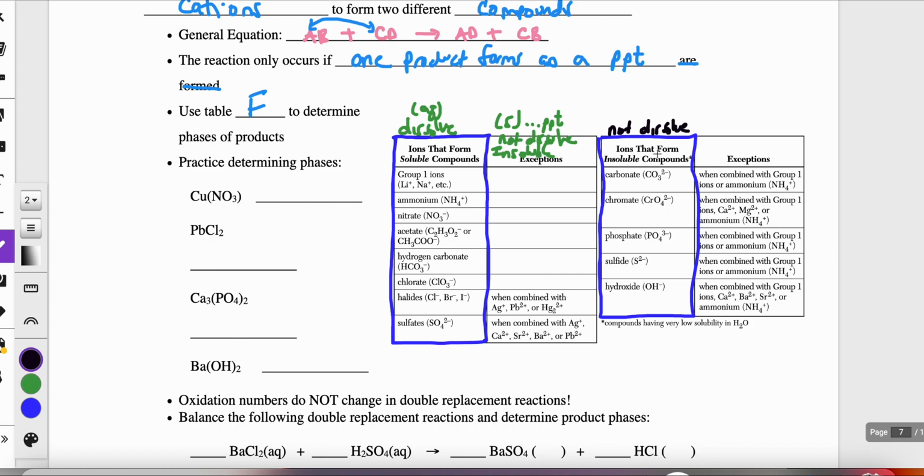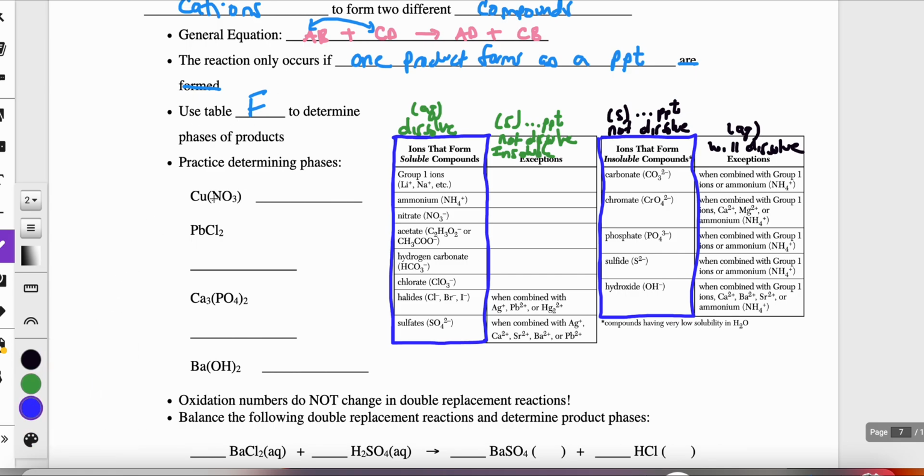And because they don't typically or easily dissolve in water, these guys typically form compounds that are in the solid phase, even if they're formed in water, because they form as a precipitate. But notice, they have some exceptions. The exceptions, or the opposite of insoluble, are when they will dissolve. And if they will dissolve, then for these exceptions, their phase will be aqueous. So this is the process of learning how to use this table.